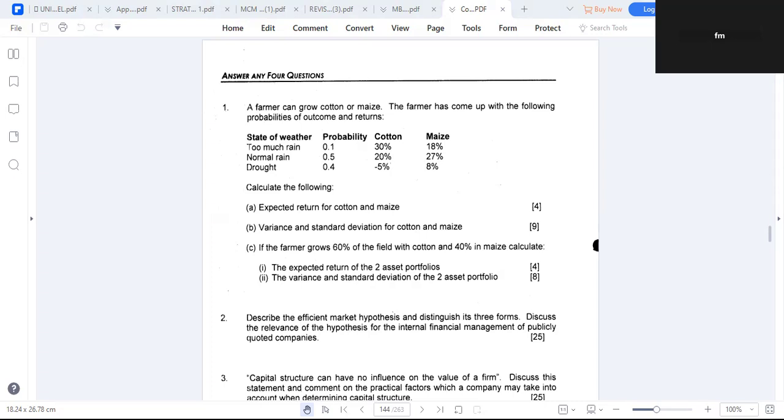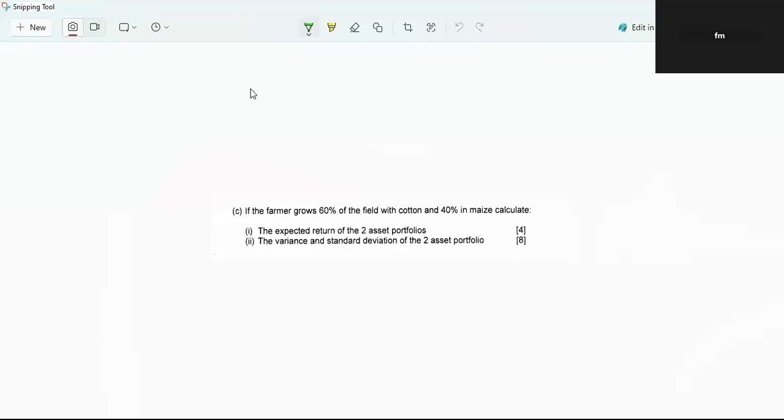So we can tabulate the information: we have cotton and maize, and we have the expected returns for each of them, the weight for each of them, the standard deviation for each, and the variance for each.